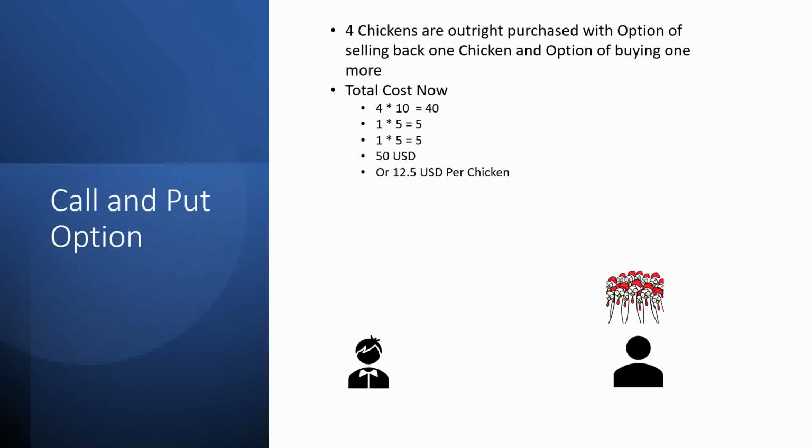Because I anticipated that situation as well, I turn my car around and go back to Mr. Larry again and tell him, hey, Mr. Larry, I also purchased a put option to sell 1 chicken back to you, and here is the IOU, and here is the chicken I just purchased. You agreed to buy it from me at $10 as well. So here you go. Whatever I have remaining at home will be plenty.